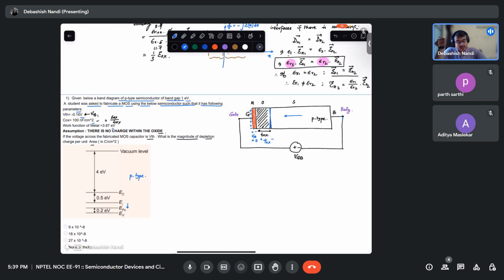So how can this P type give negative charges? What is the easiest way? The easiest way is, you have these acceptors. Suppose you have these boron atoms sitting somewhere here, somewhere here. They will get ionized, and these ionized boron atoms will get attracted at the surface. That part we call depletion.